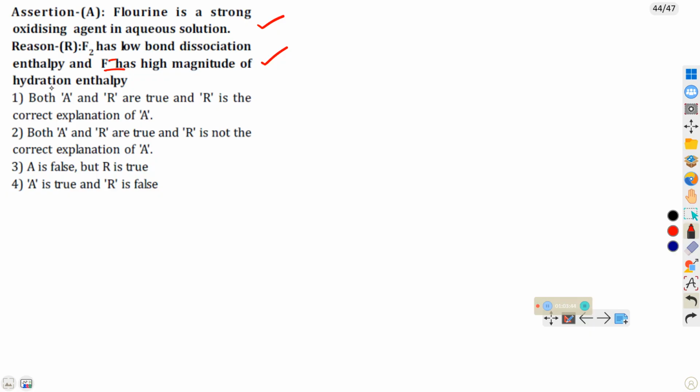R is the correct explanation of A, because these two factors are the reason why fluorine acts as a strong oxidizing agent.